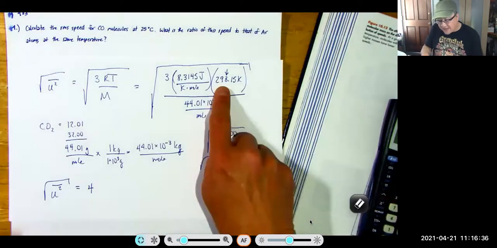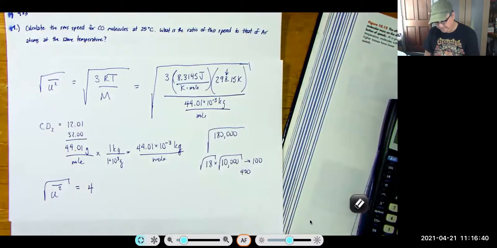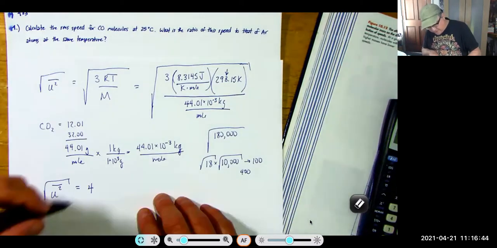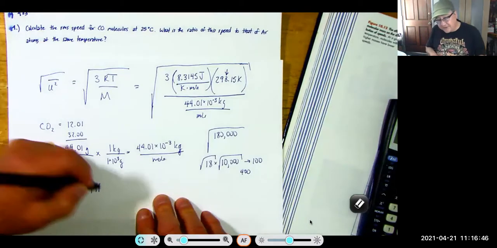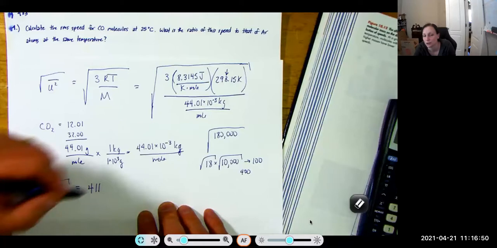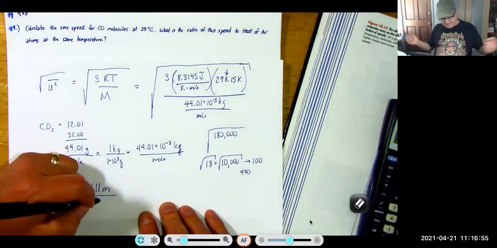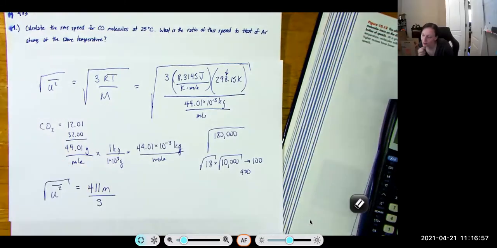Because of this 298, we're allowed 3 significant figures. So 411. And what are the units? Meters per second. And how do we get that even though we don't have that in our equation?